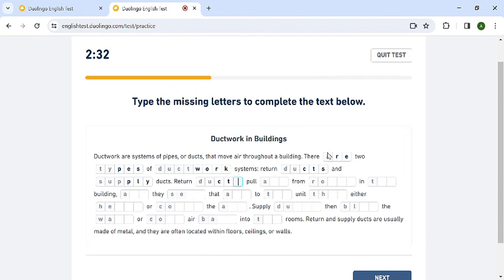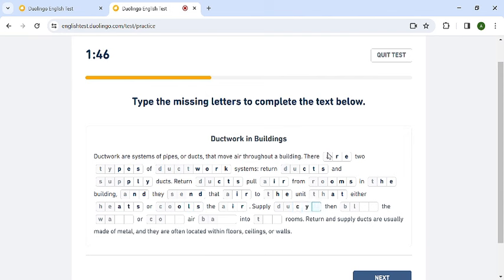Return ducts pull air from rooms in the building, and they send that air to the units that either heat or cool the air.